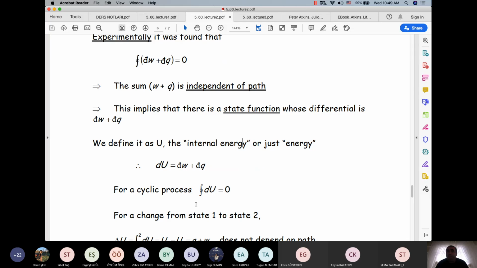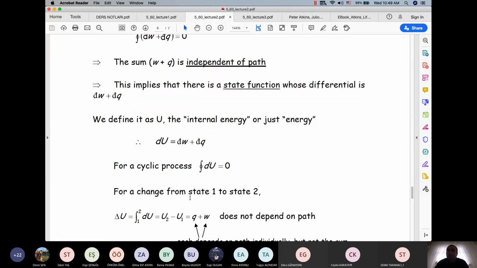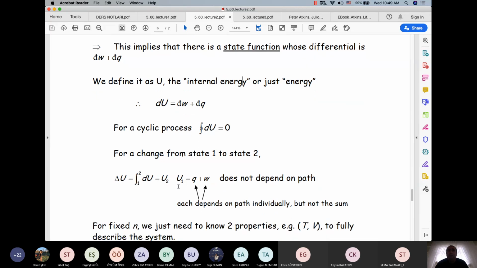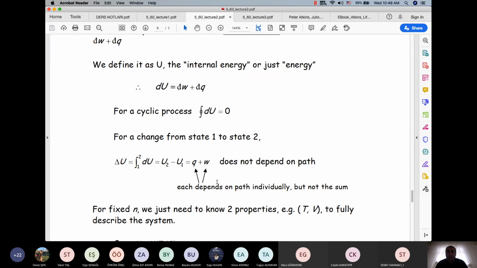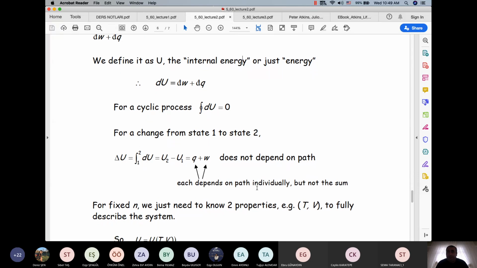For a cyclic process, the change in U is always zero. For change from state 1 to state 2, the change is delta U. I can write delta U because delta is only used for state variables, and delta U is Q plus W. Each one of these depends on path, but the sum, delta U, does not depend on path.